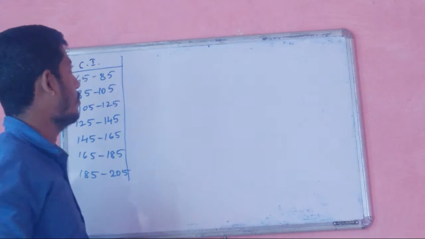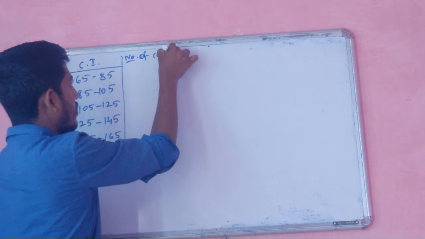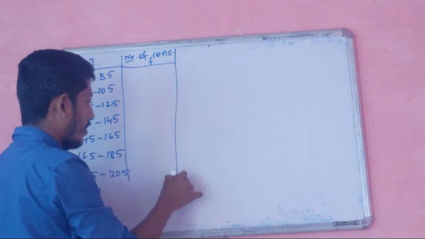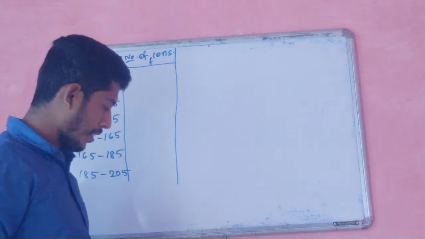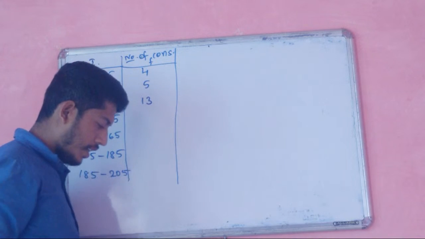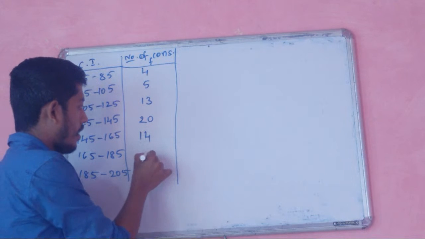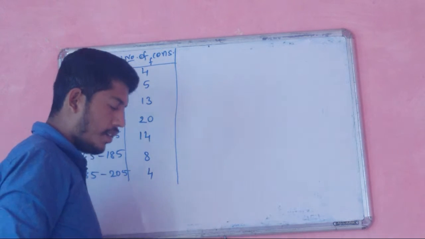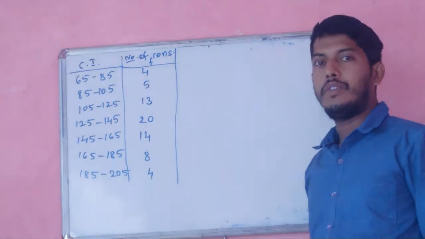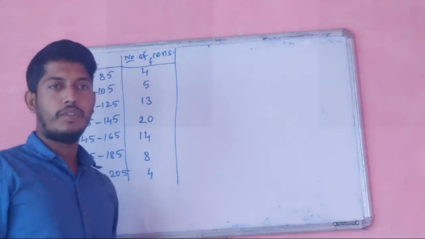I will call these values the frequency, and they are 4, 5, 13, 20, 14, 8, 4. This is the class interval and frequency. Then we have to find the median of the data.